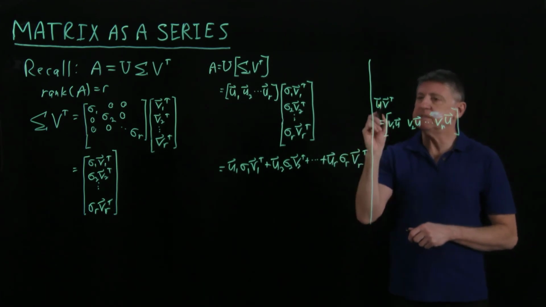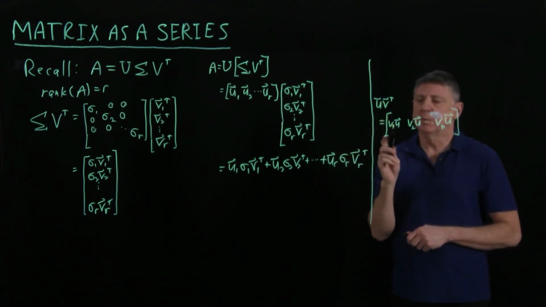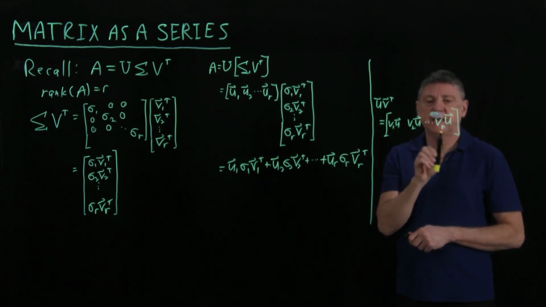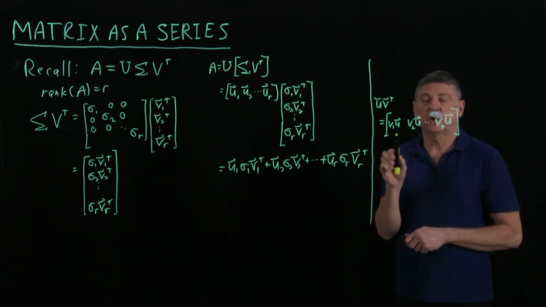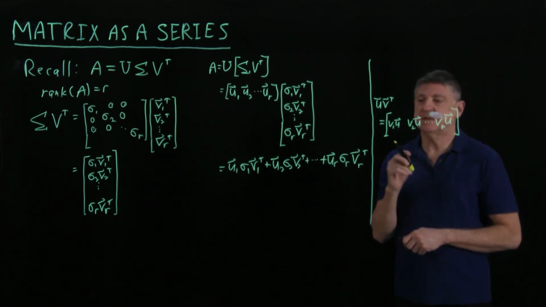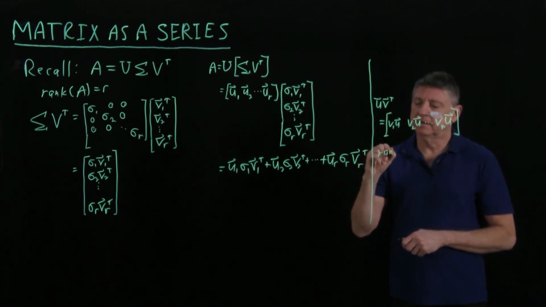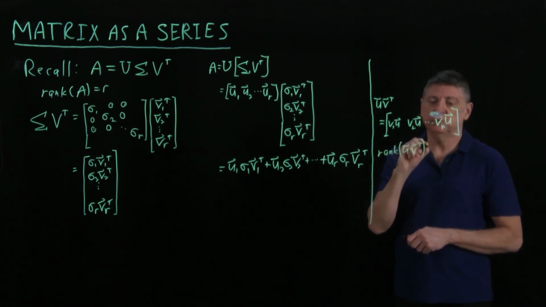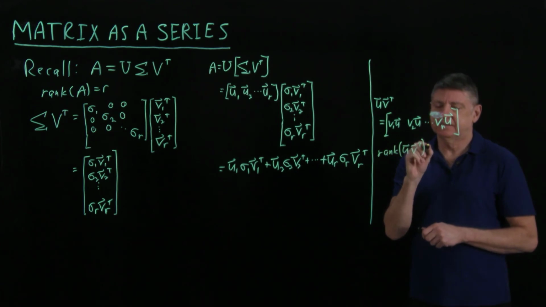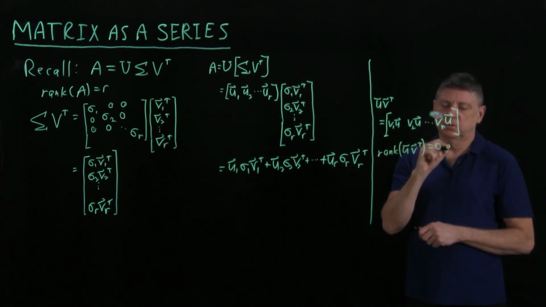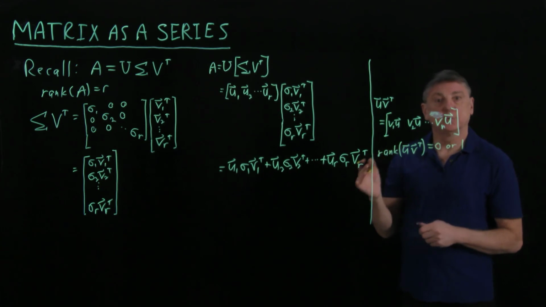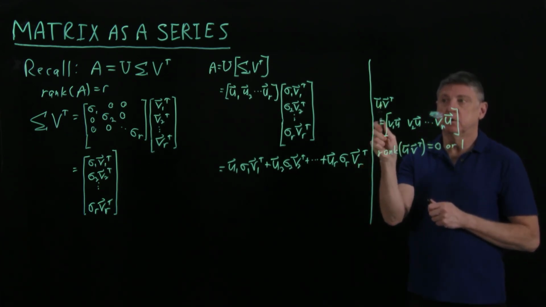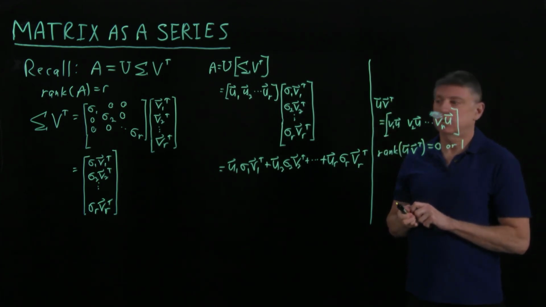So what's the rank of this? Well, each of these columns is a scalar multiple of the others. So the rank of U V transpose is 0 or 1. Under what conditions is it 0? Either the U vector is 0 or the V vector is 0.